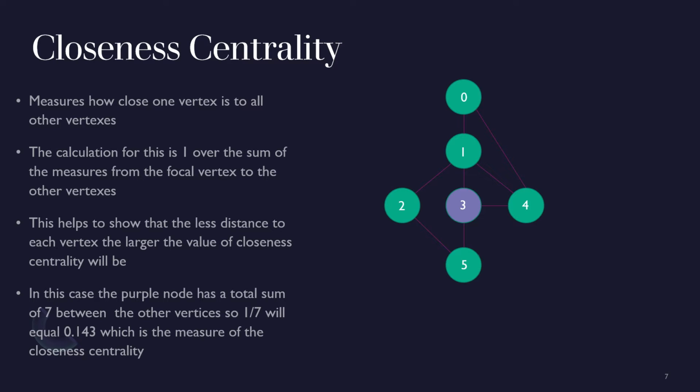If we look at node 3 again, the purple node, there is a distance of 1 between 3 and 1, a distance of 2 between 3 and 0, a distance of 1 between 3 and 4, a distance of 1 between 3 and 5, and a distance of 2 between 3 and 2. This would mean there's a total sum of 7. So the closeness centrality number would be 1 over 7, which is equal to 0.143.